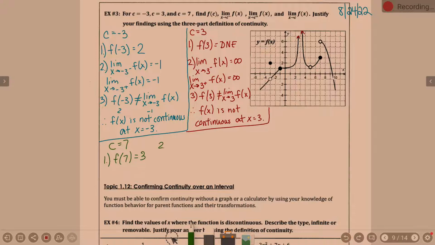What is the limit as x approaches 7 from the left? 3. Okay, also 3. The limit as x approaches 7 from the right? 6.